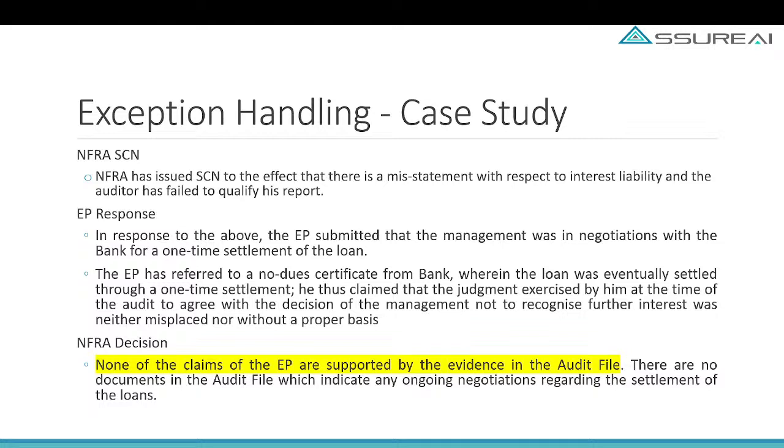In response, the engagement partner has elaborately responded, stating that there are innumerable evidence of the events that pre-existed on that particular date as on 31st March that was duly considered as part of the AS on subsequent events, and only accordingly they have taken a decision. So these are all part of the subsequent response by the engagement partner to NFRA. But NFRA eventually concluded that none of the claims of the engagement partner are supported by evidence in the audit file. So this is the conclusion that NFRA has recorded.